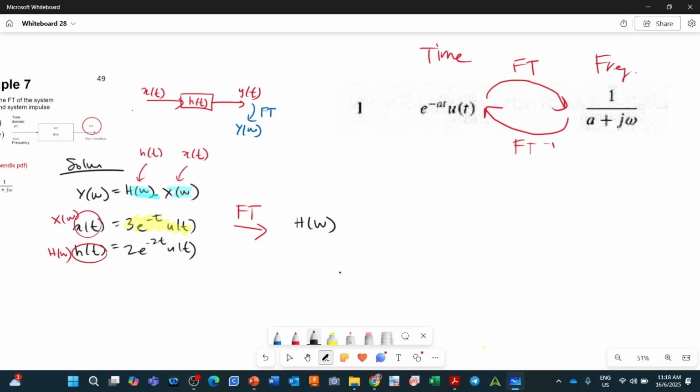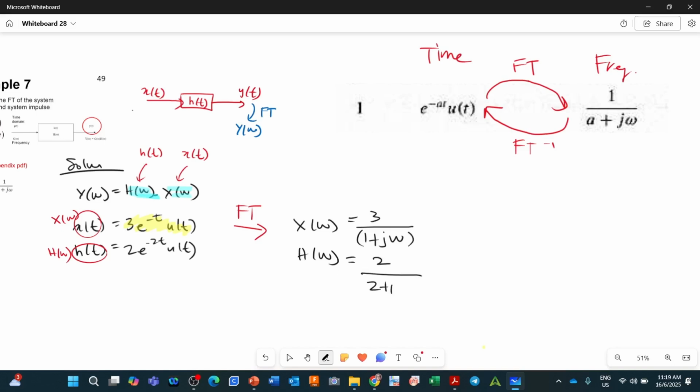So X omega, you get 3 over 1 plus j omega, and H omega you get 2 over 2 plus j omega.